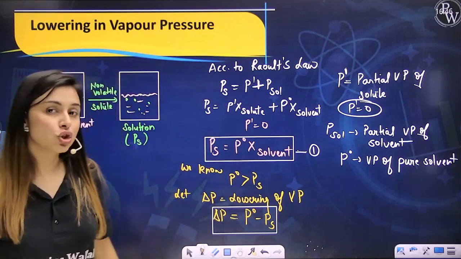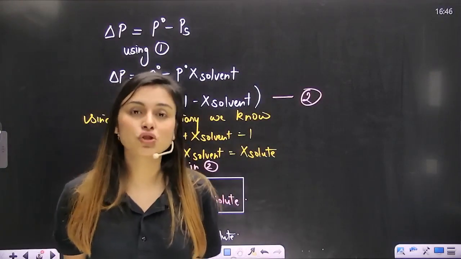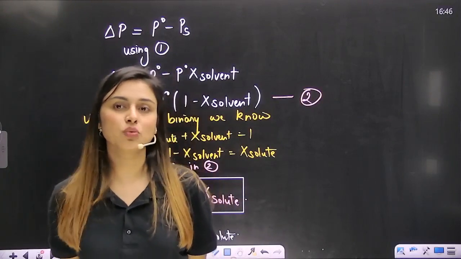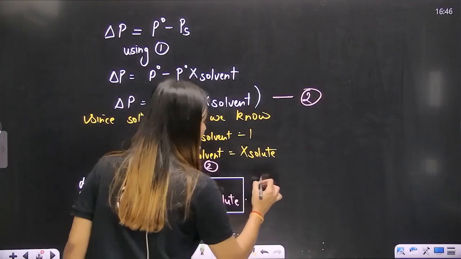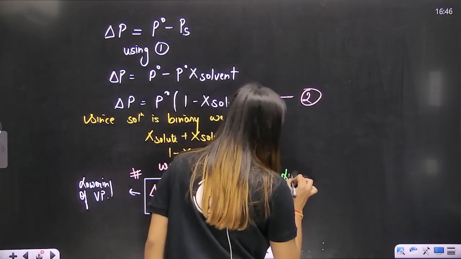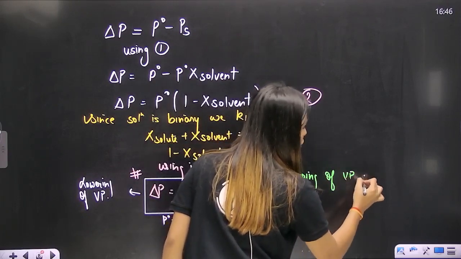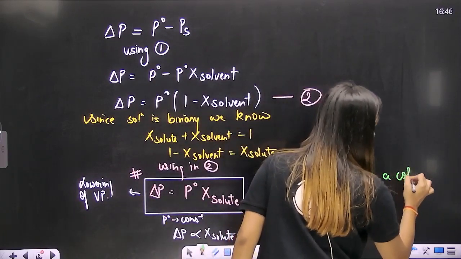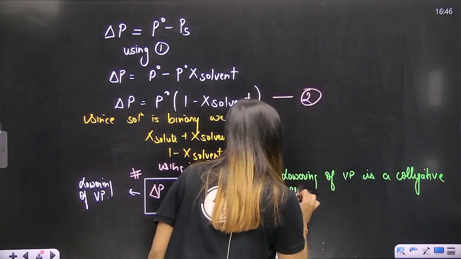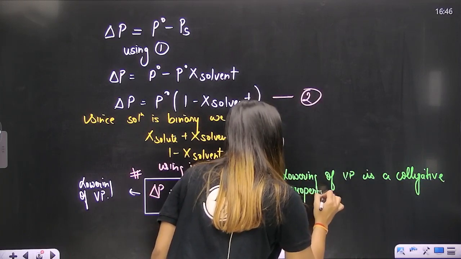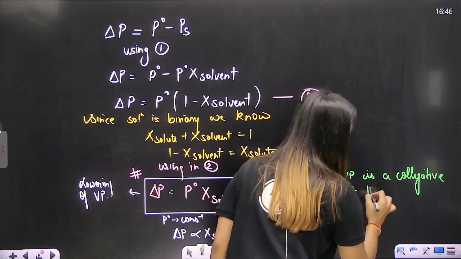So we can say that lowering of vapor pressure is a colligative property with respect to the solute.